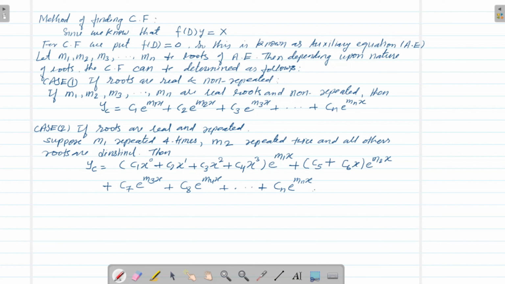Now case number 3. If roots are complex numbers and non-repeated, how can we write the complementary function?